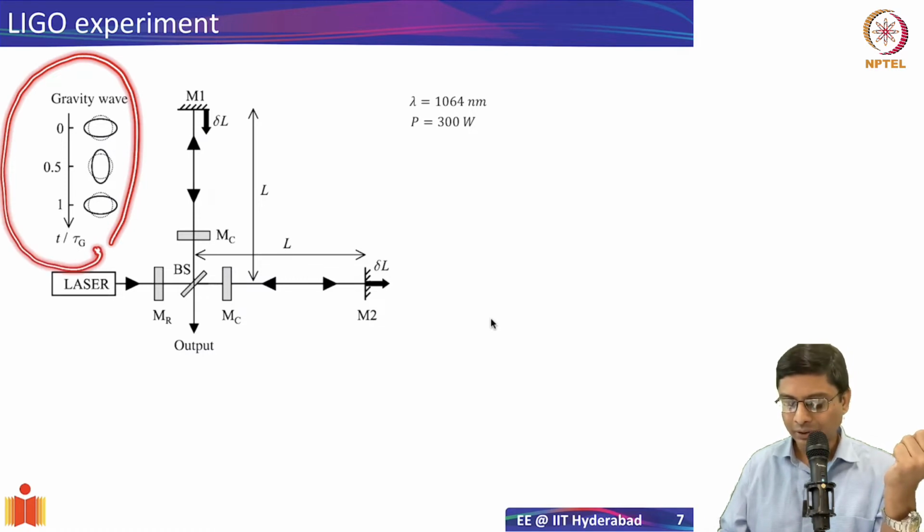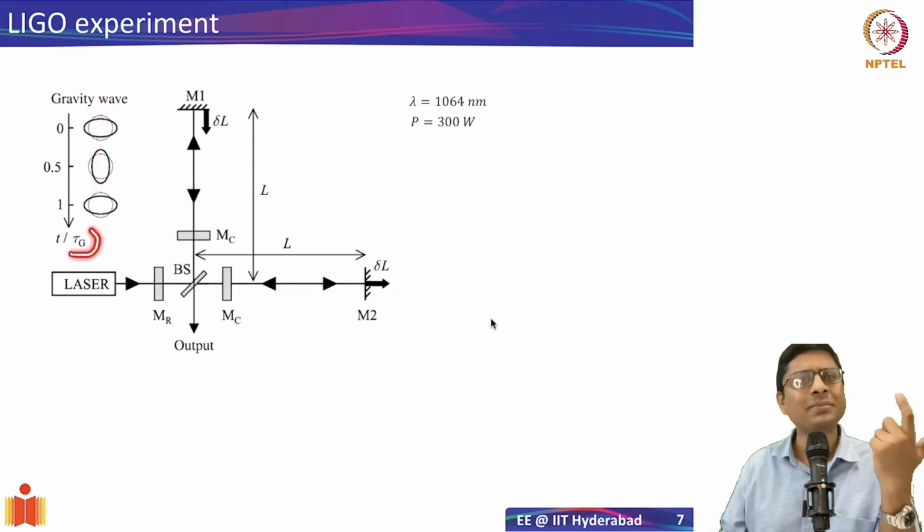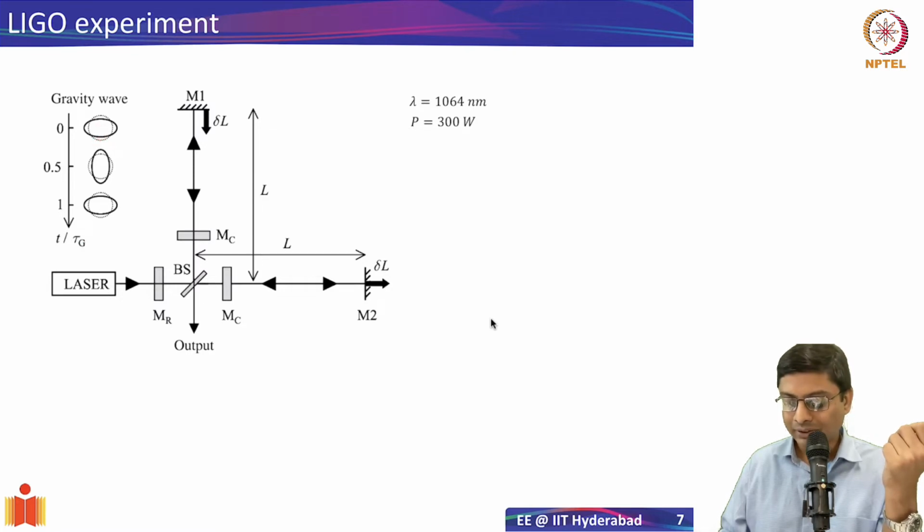Here you think of the time axis going down, and the periodicity is, let's say, tau g, the time period of a gravity wave. You think of a circle, a sphere, and when the gravity wave passes through, it stretches in one dimension and compresses in the other dimension. Effectively, the sphere becomes an ellipse. As the wave passes through in time, after half a time period, it stretches in the opposite direction and compresses in the other.